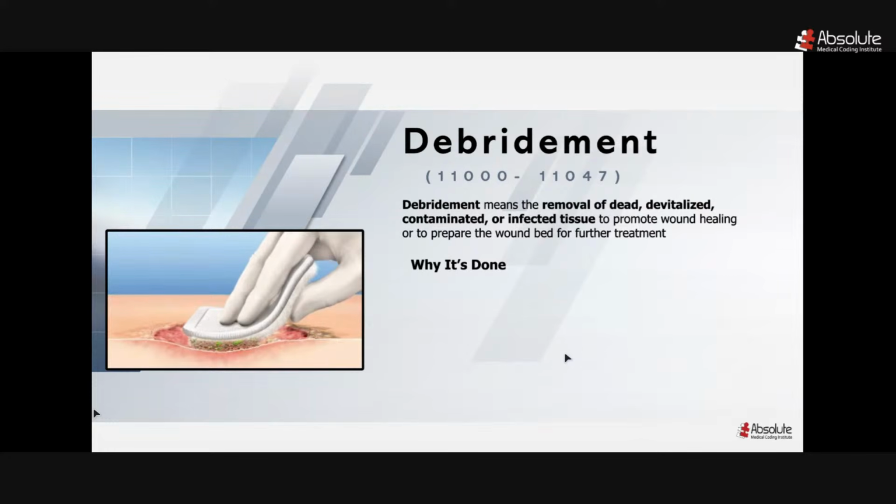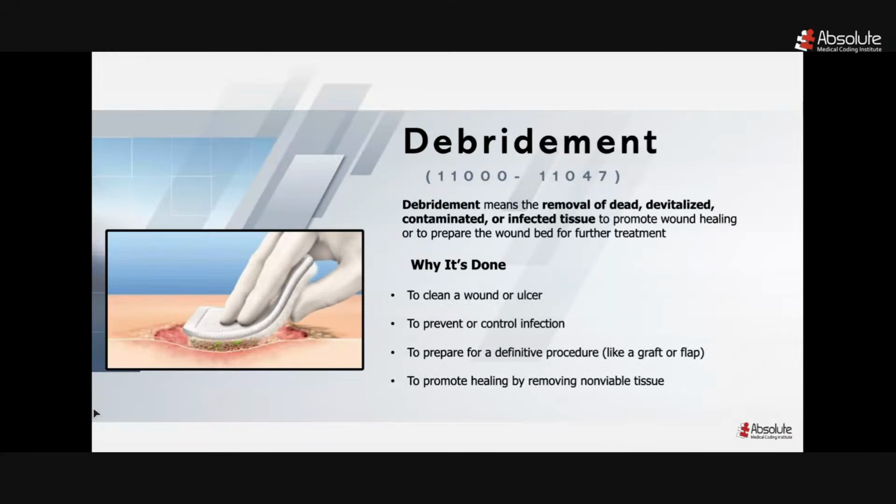It is done to clean the wound and get rid of anything that might slow the healing process. It can be done to prevent or control infection, because no one wants the wound to get worse, right? And also to prepare the area for the next step, like in the case of a skin graft or a flap. And of course, to promote proper healing by removing tissues that can't recover.